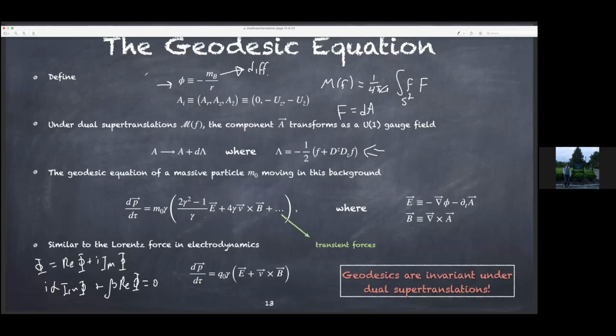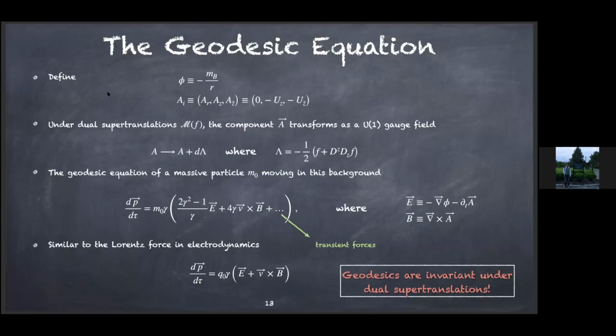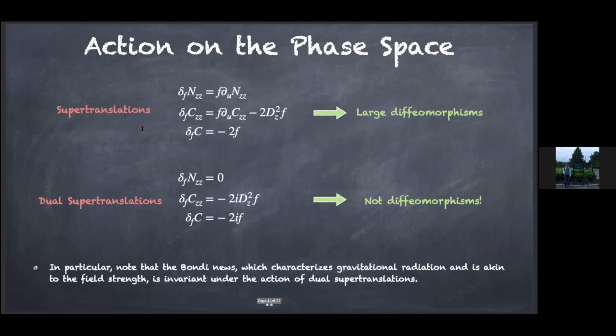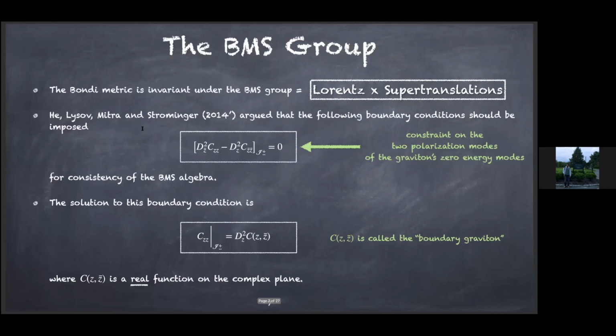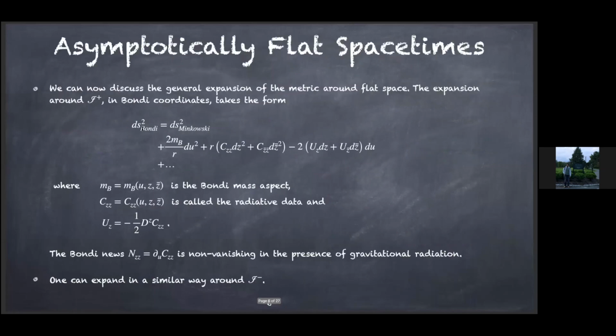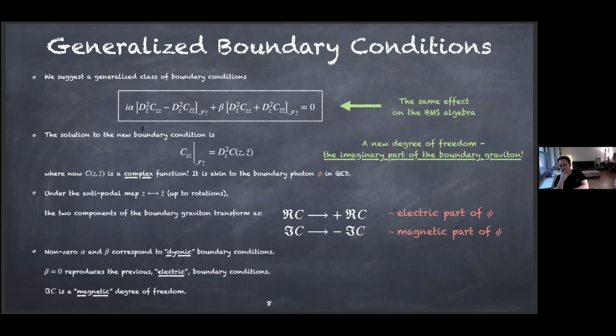So if you follow the covariant phase space formalism and you construct the phase space for gravity on null infinity, you naively get a divergent symplectic form. If you set the real part of C to be 0, then it turns out that all the divergences cancel out and you end up getting a finite symplectic form.